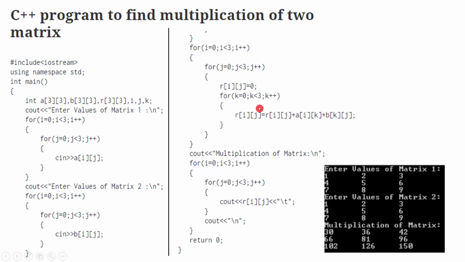Then again, the loop comes when the k value is incrementing, so the next value will be A[i][k] in this row itself, the second value: 2 into 4. Similarly, the proper arrangement is coded in this program, and the multiplication is happening. Then directly print out the multiplied value, the new matrix.